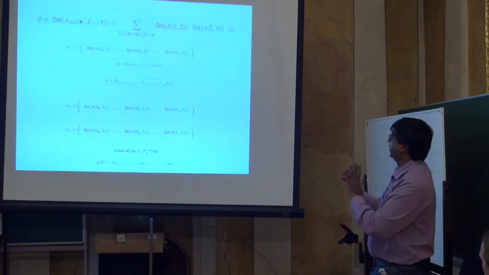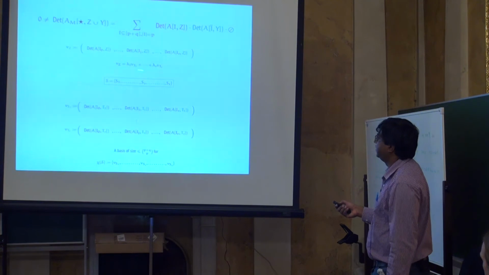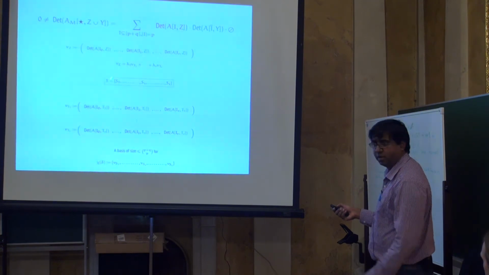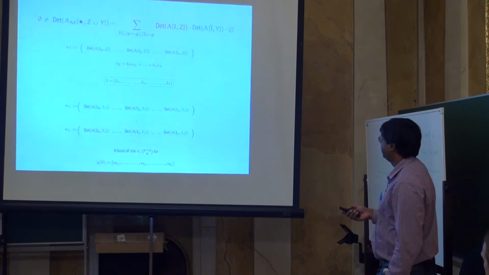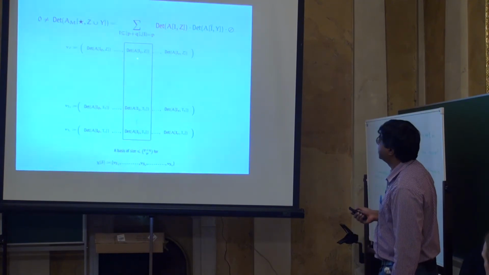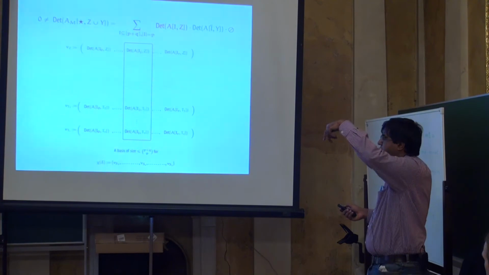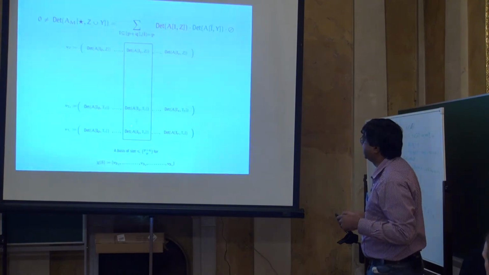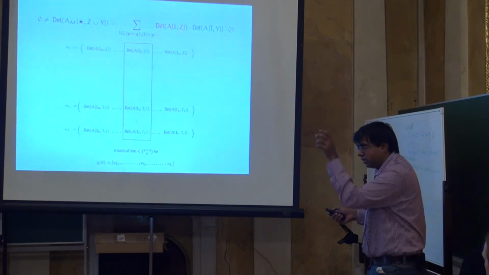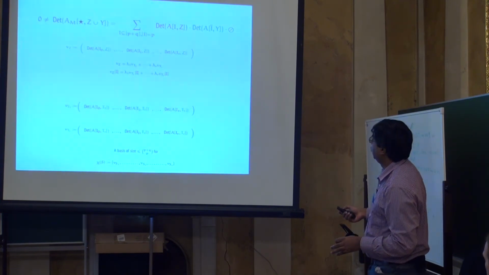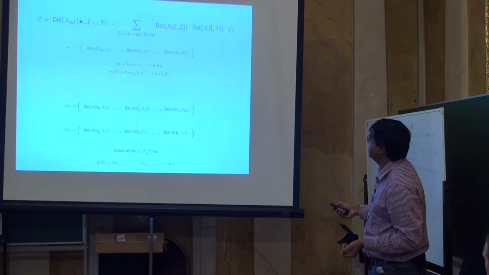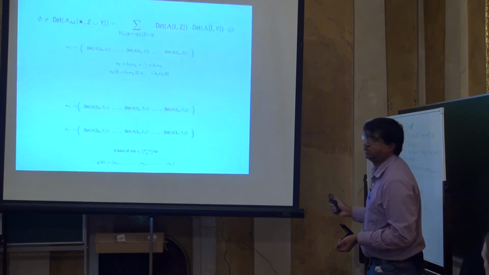We started with this vector V_Z, which is lambda 1 times the first basis vector, up to lambda t times the last basis vector. If you fix a coordinate, each coordinate of V_Z can be written as a linear combination of the corresponding coordinates in my basis. So V_Z,i is equal to this, but by definition V_Z,i is nothing but this determinant.